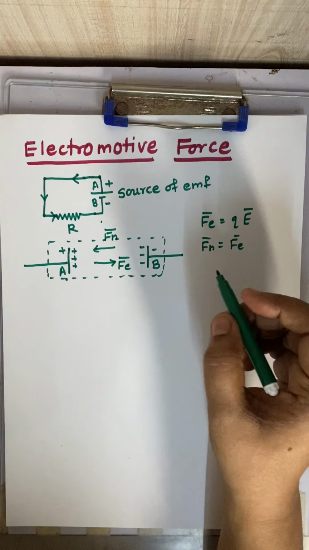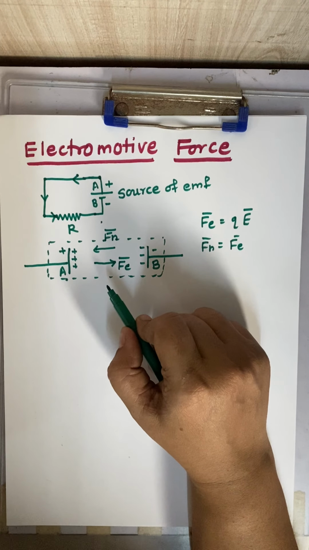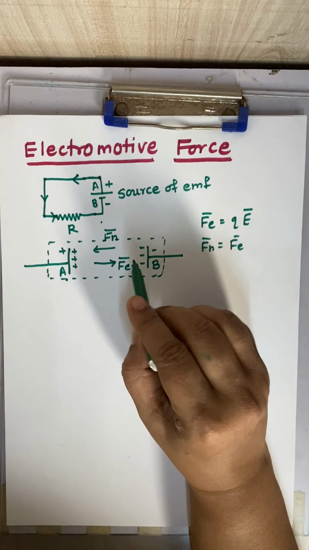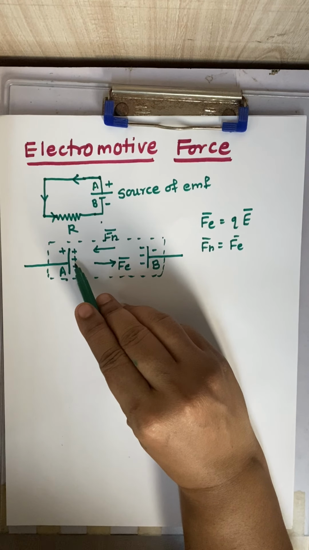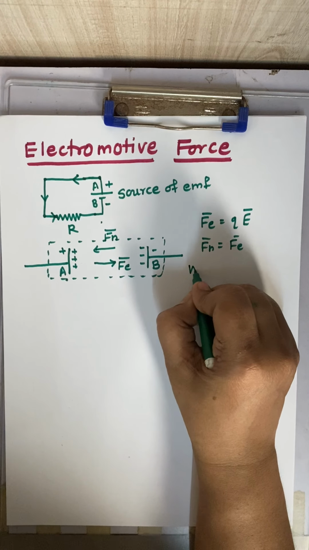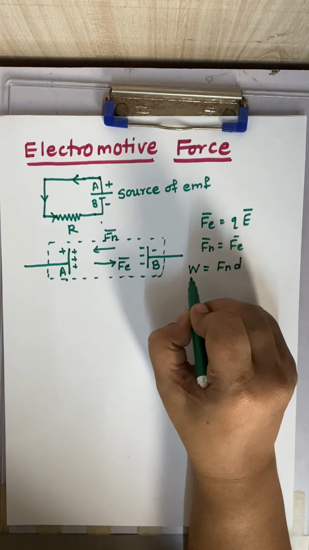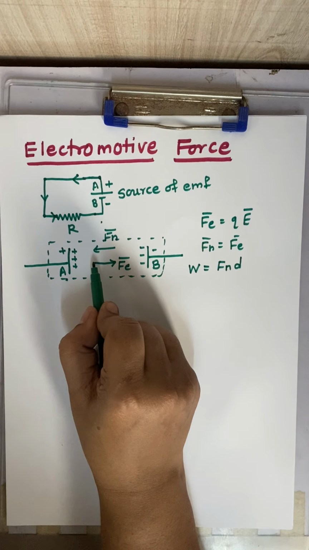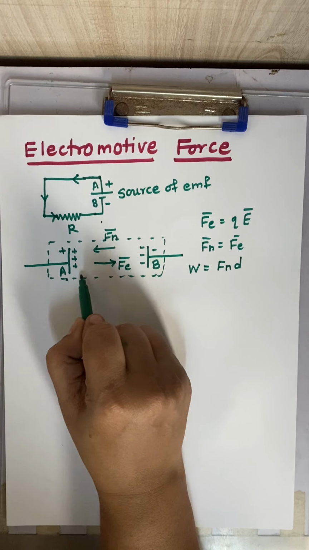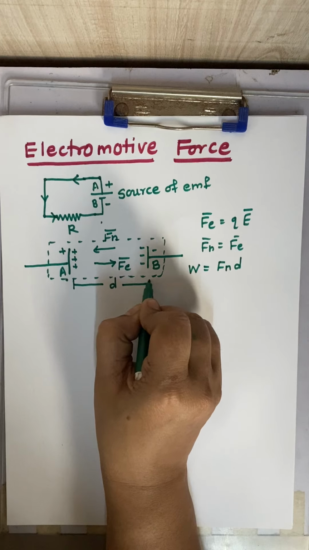The work done by this non-electrostatic force during the displacement of a small positive charge from B to A is W equal to Fn into d. That means work has to be done in moving the charge through the electrolyte over the distance d. What is the distance d? d is the distance between these two plates.